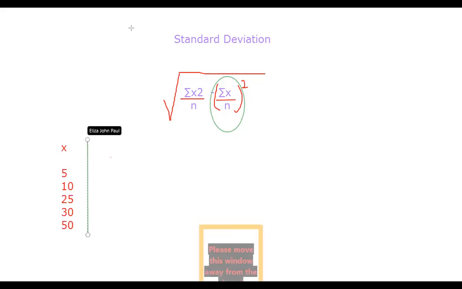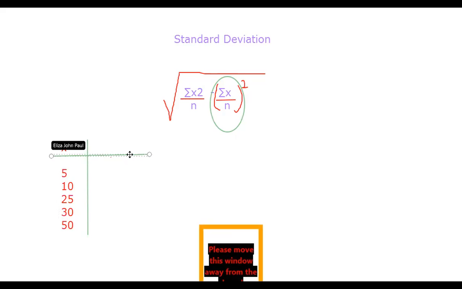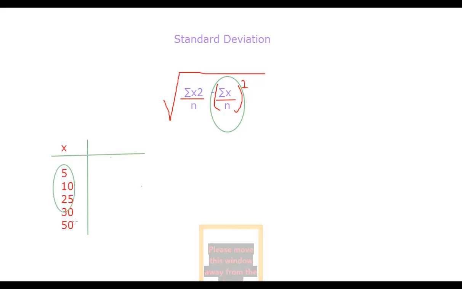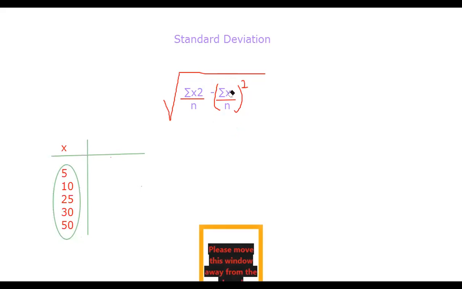When we add all these values, we get sigma x. So the total of these x values is our sigma x. Where we have sigma x in our formula, we can find it by adding all these values.